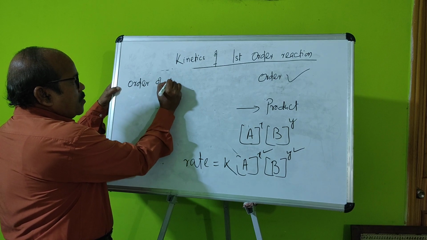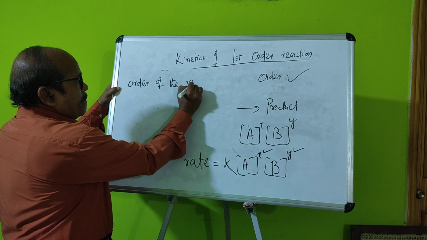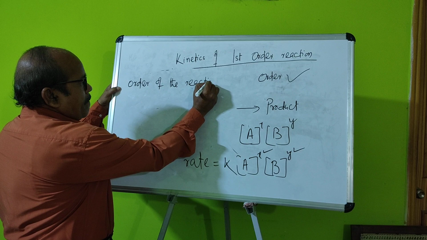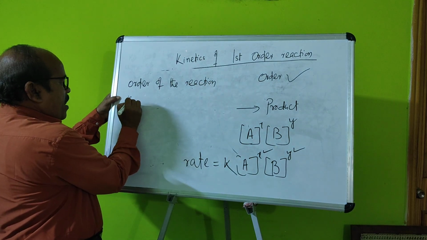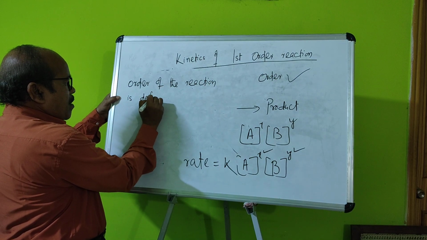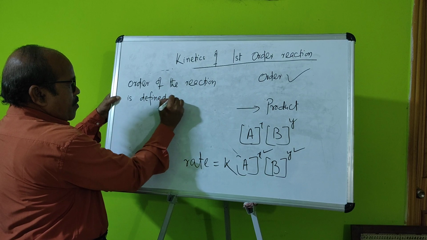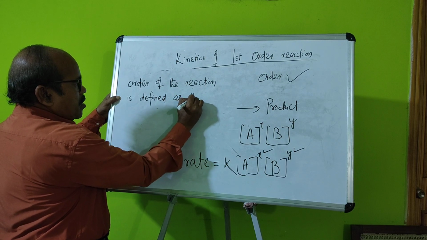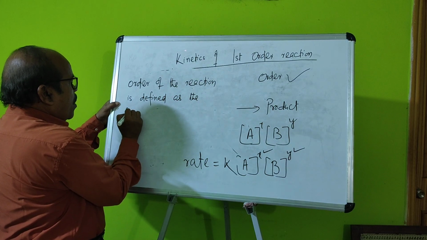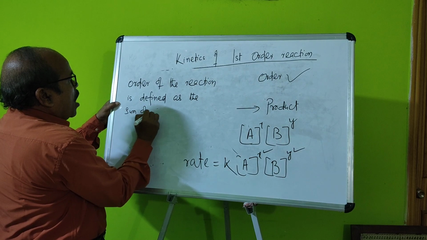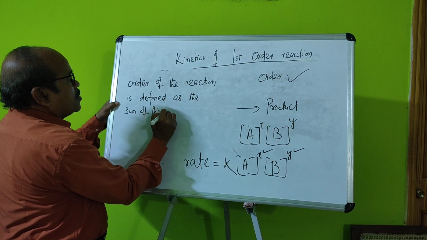Order of the reaction is defined as the sum of the exponents.